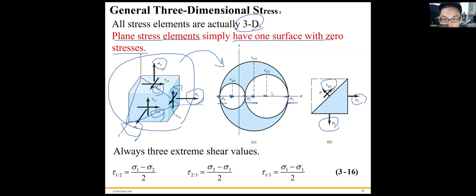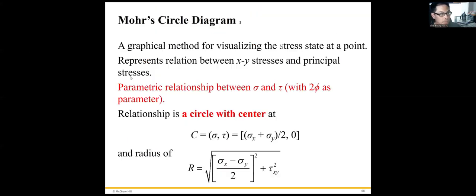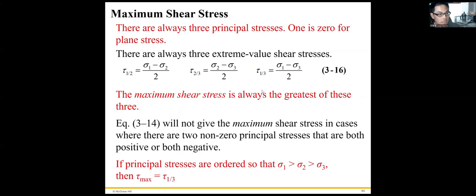And where's the maximum shear stress? Tau 1 3, this one. That's why the previous slide mentioned that if the principal stresses are ordered sigma 1 greater than sigma 2 greater than sigma 3, then the maximum shear stress equals tau 1 3.